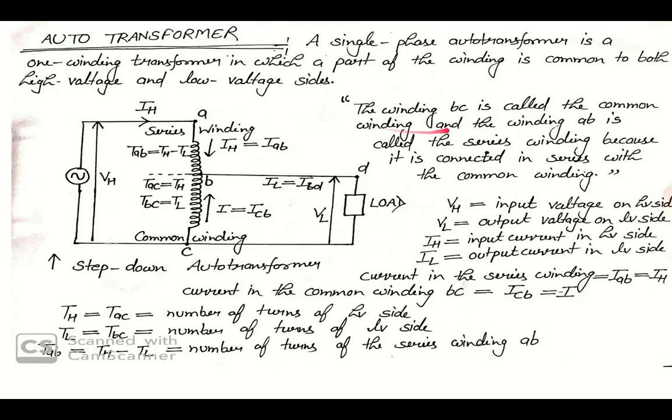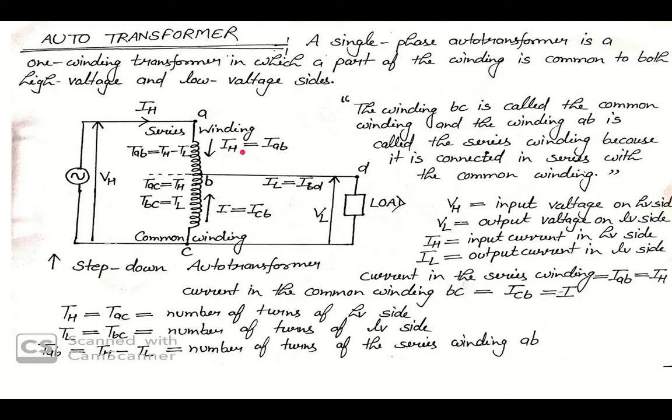Now VH is the input voltage on the high voltage side, and VL is the output voltage on the low voltage side.